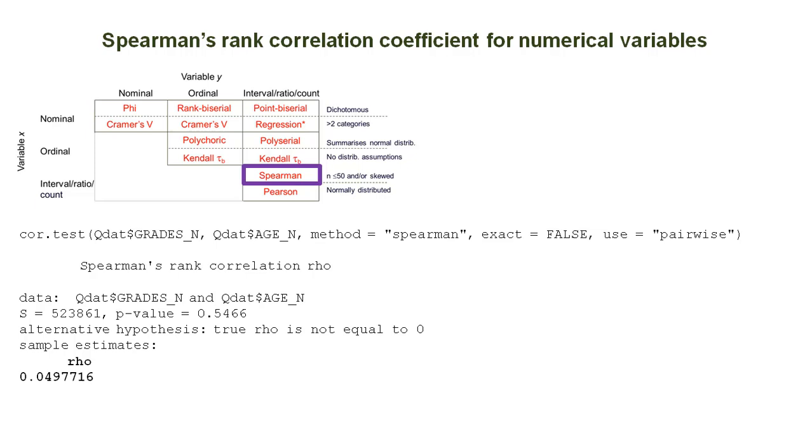There are only two numerical variables in our example dataset, grades n and age n. The result is a very small correlation of 0.05, which ought to be ignored because the null hypothesis that ρ equals 0 can't be safely rejected. P-value is greater than 0.05.